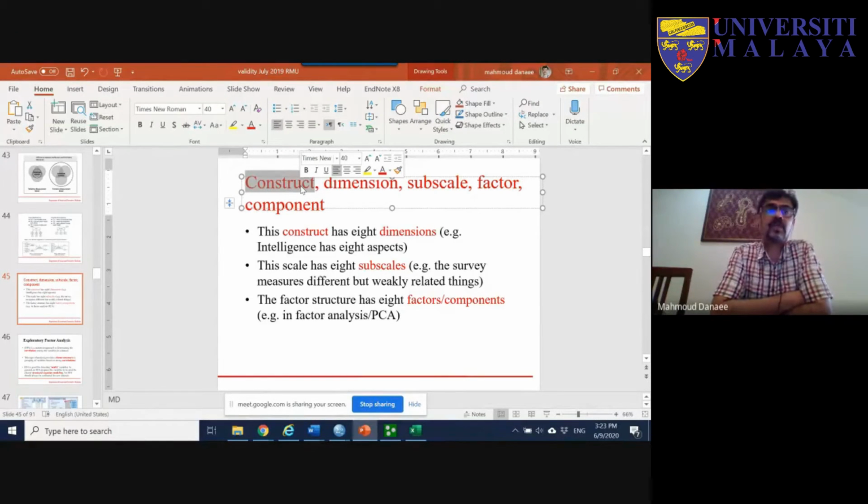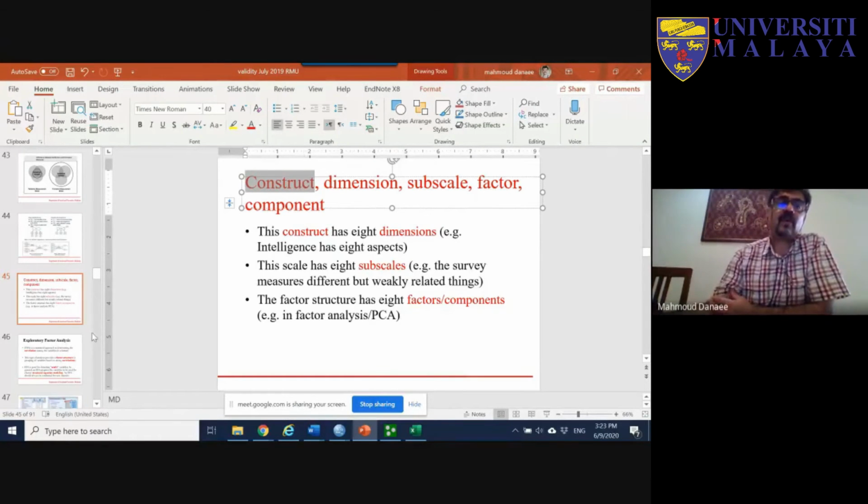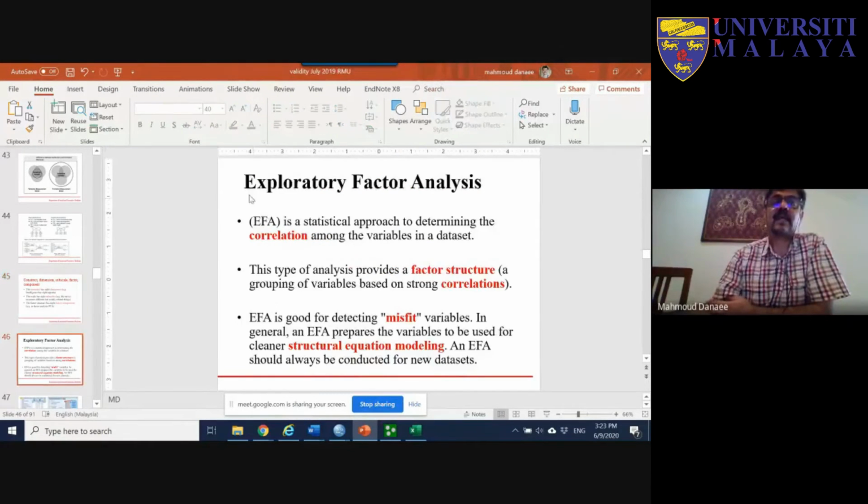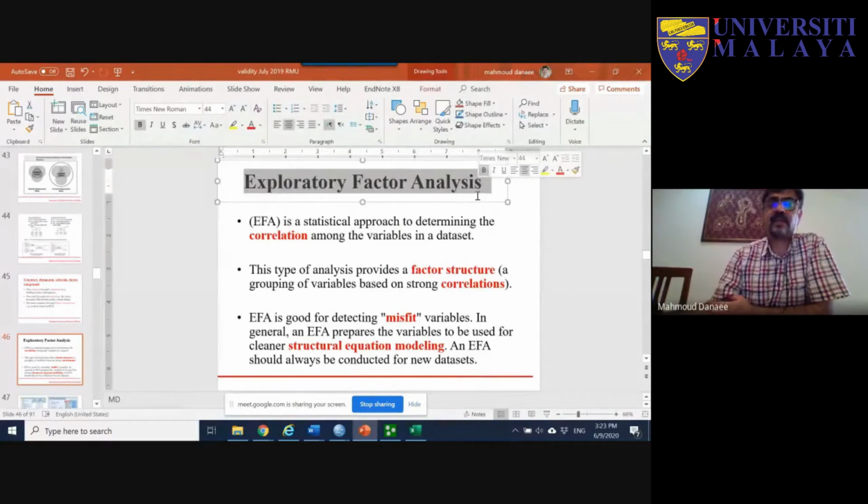Usually the construct is equal to a dimension, scale, sub-scale or component in statistical validation, and it can be calculated based on exploratory factor analysis.